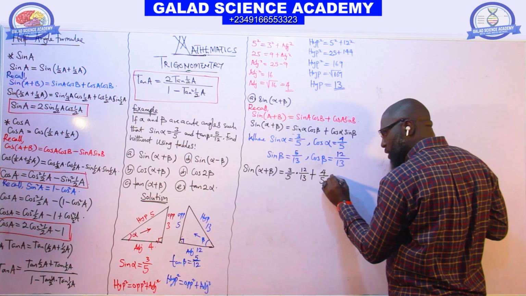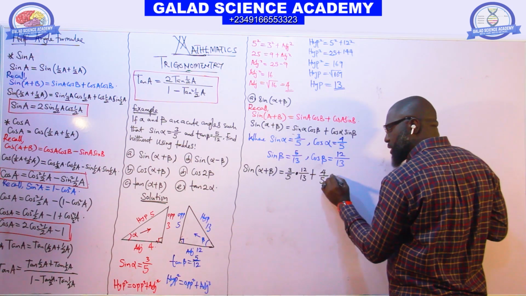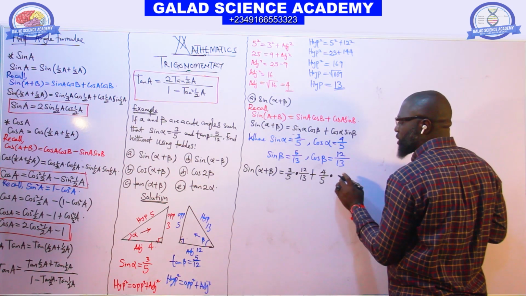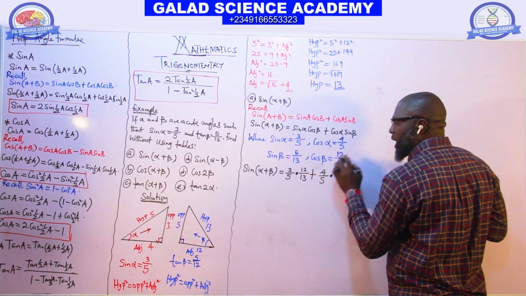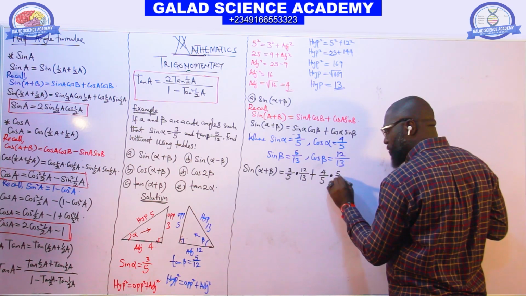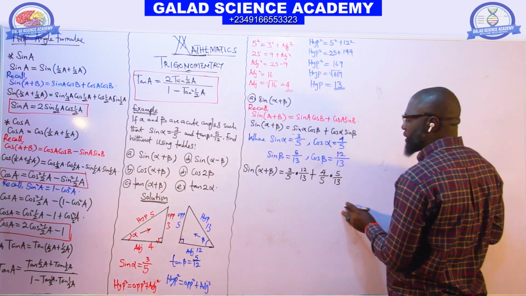This dot here simply means multiplication. Sine beta is 5 over 13.